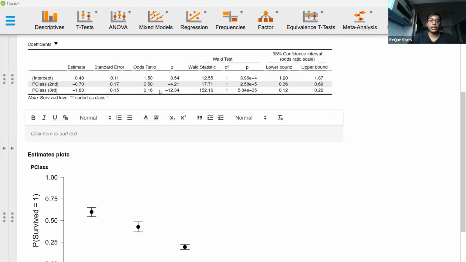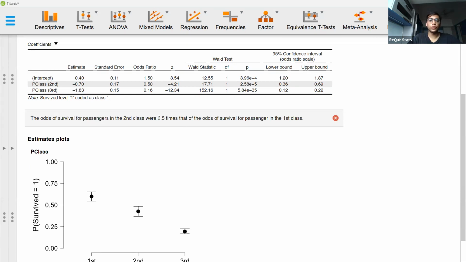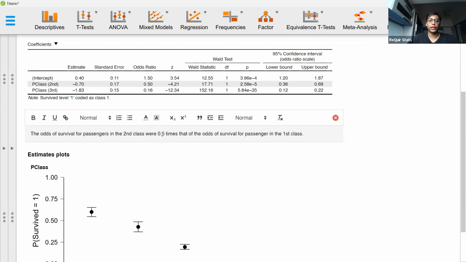Interpretation of this odds ratio. So this is of course a lower odds. 0.5 is half the odds, right? So it is a lower odds.